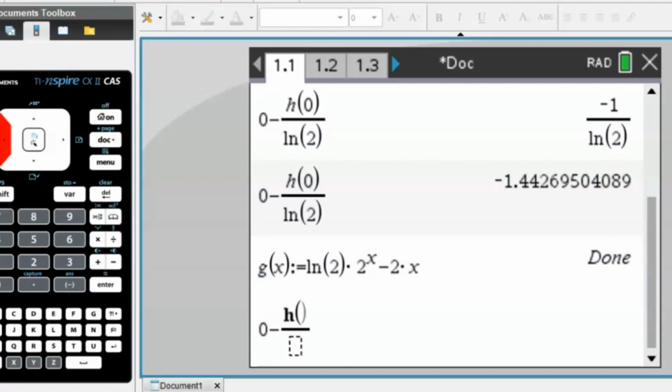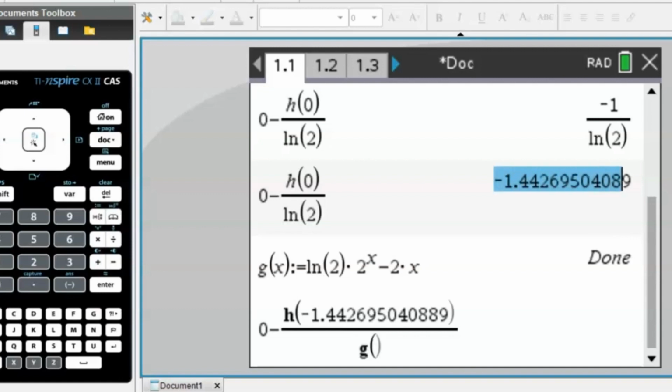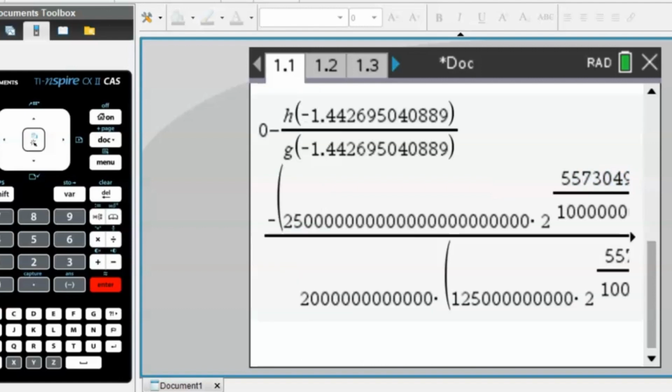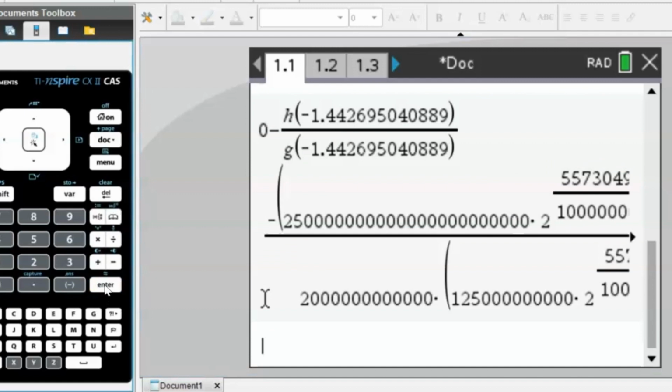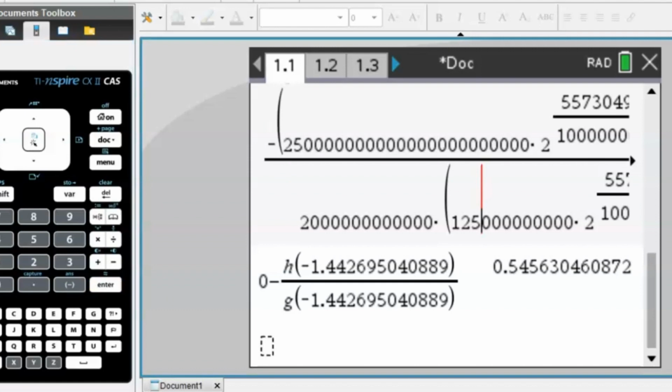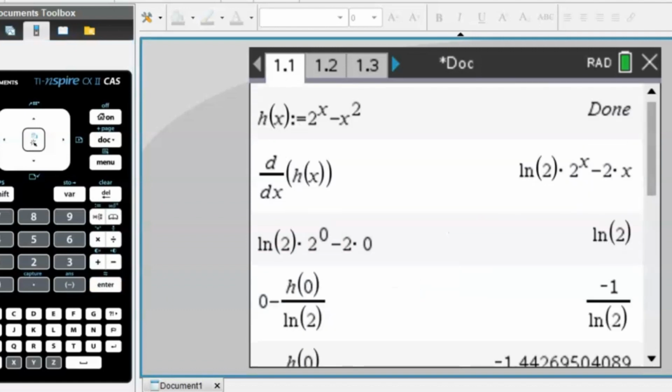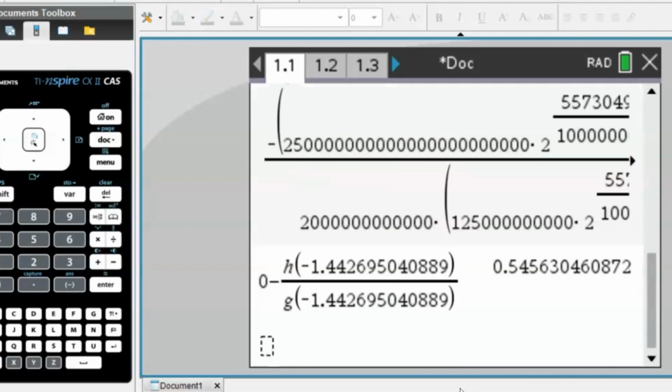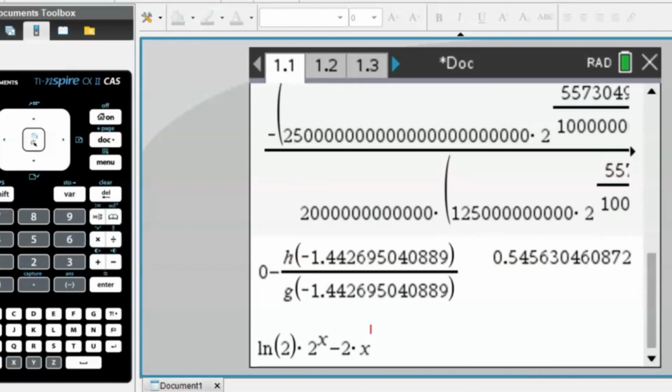Put it in there, and I get g of x. Much easier than the handheld one. Alright, what am I doing wrong here? Just copy that, Control V. No, just put a bracket, much easier.